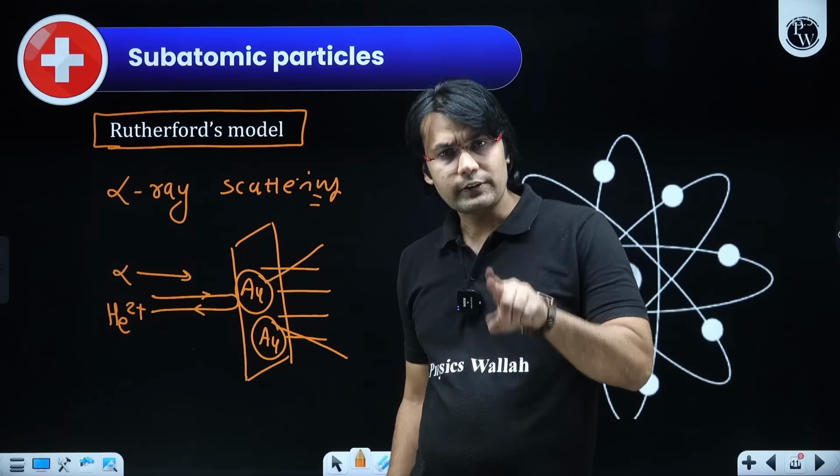For helium, the formula for radius is 0.529 into n square by Z angstrom. The radius is given in picometer: 105.8 picometer equals 0.529 into n square. Here n is 2, so 2 square is 4, divided by Z. For helium Z is 2, so this is cancelled, 2 times angstrom.